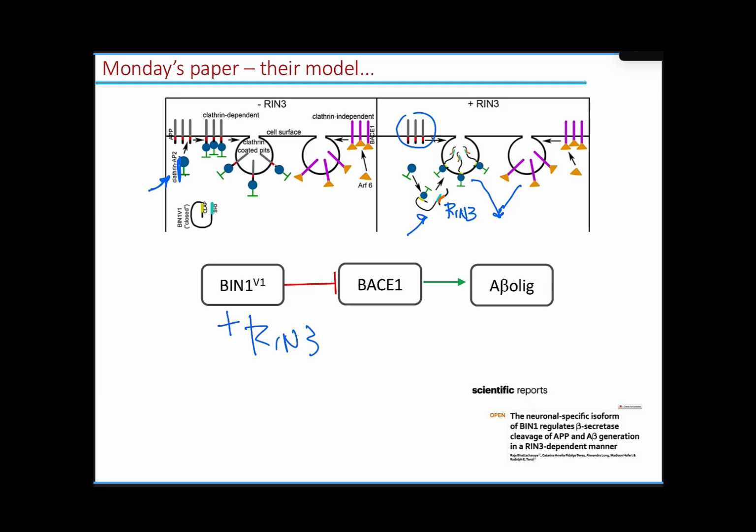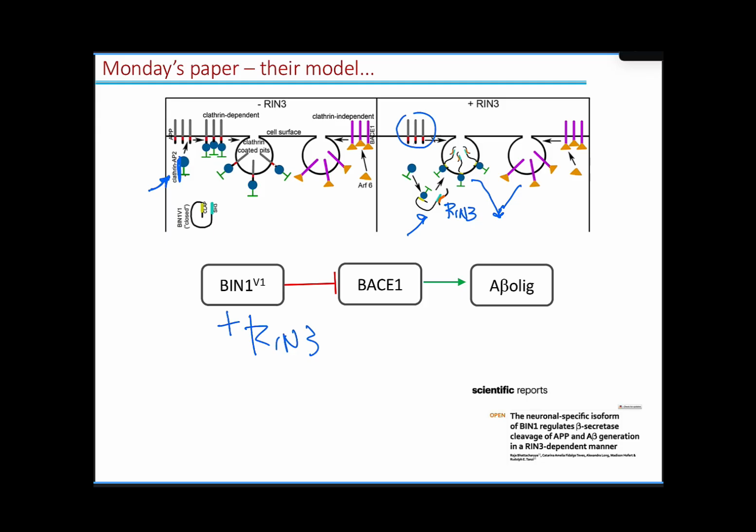That was the core of the question that I asked for class participation on Monday. And not all of you, but many of you mentioned that just like RIN3 allows V1 to go into endosomes, RIN3 is coming along with it, and that's how RIN3 ends up in endosomes as well, only when V1 is expressed, but not when V9 is expressed.